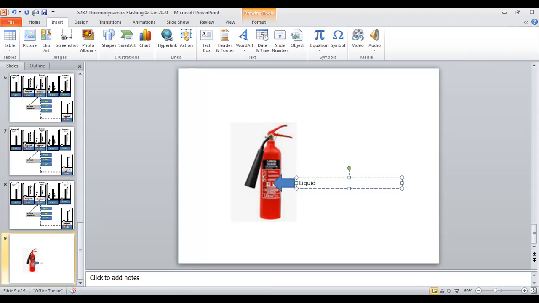This inside is in liquid phase, mostly, at high pressure. So this is originally.